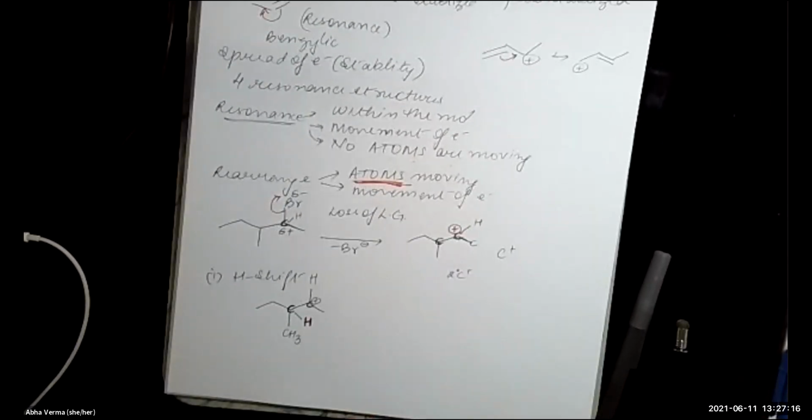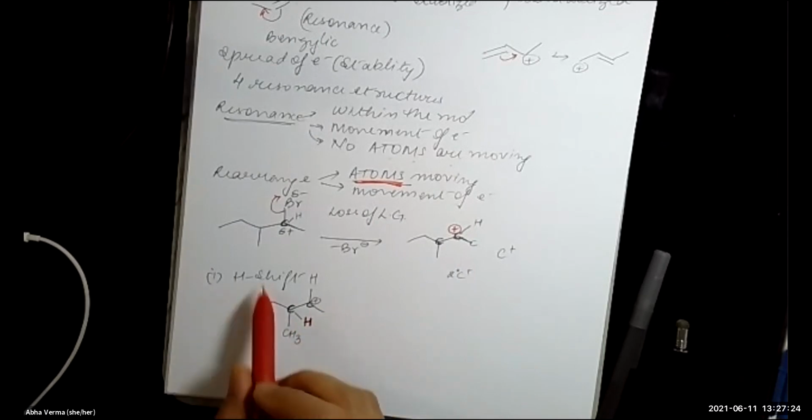But do all carbons have only 3 bonds? There is one more. That is our hidden hydrogen. Don't forget about it. I'm going to make this hydrogen a red hydrogen. So this carbon has a positive charge and this carbon has a hydrogen.